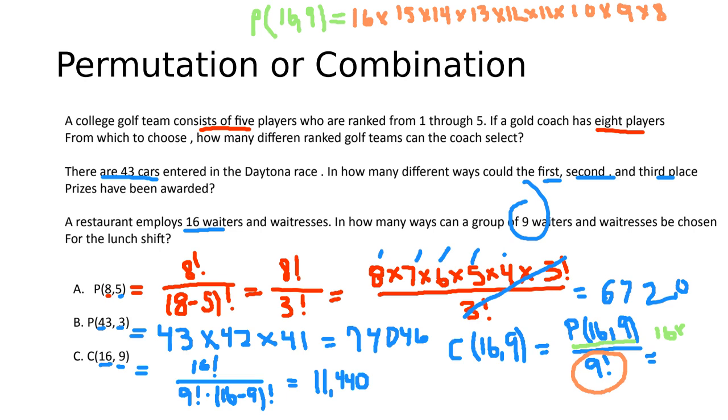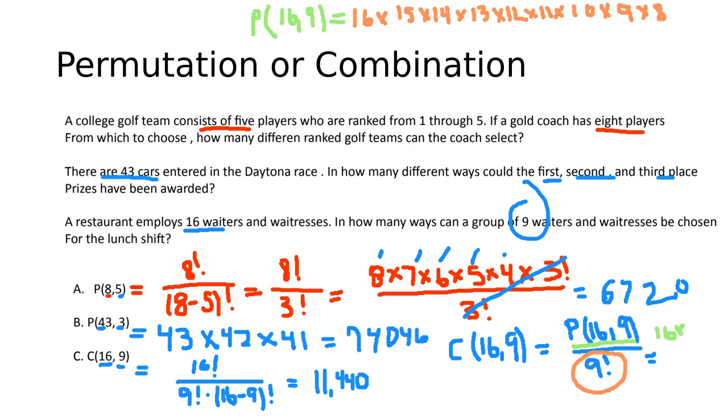I pressed the wrong number on the calculator. So anyways, what I wanted to say is that you can use shortcuts or the formulas. So then that's the number you get.